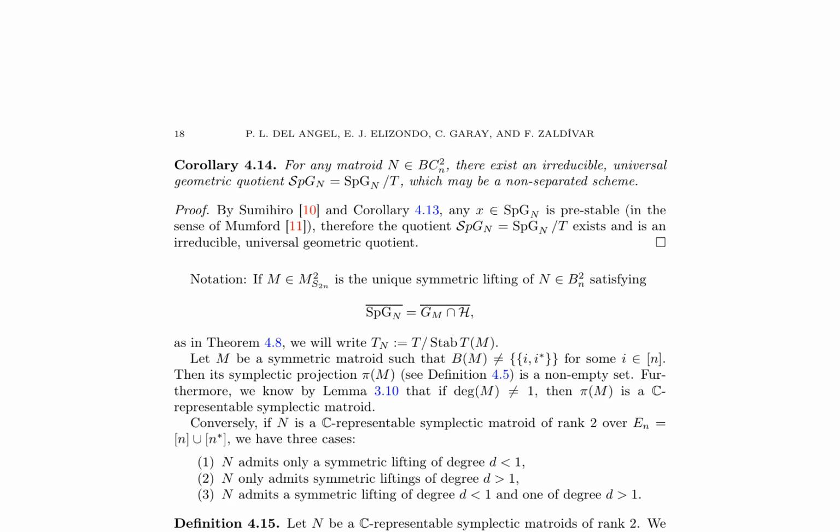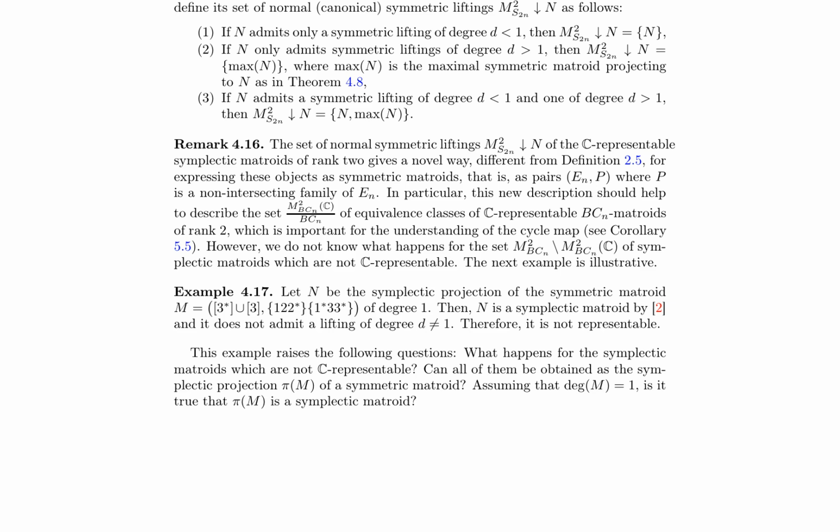The paper presents 3 cases for representable symplectic matroids N of rank 2 over N equals N union N. In the first case, N admits only a symmetric lifting of degree d less than 1, resulting in M2S2N down pointing arrow N equals N. In the second case, N only admits symmetric liftings of degree d greater than 1, and so M2S2N down pointing arrow N equals max N, where max N is the maximal symmetric matroid projecting to N as in theorem 4.8.